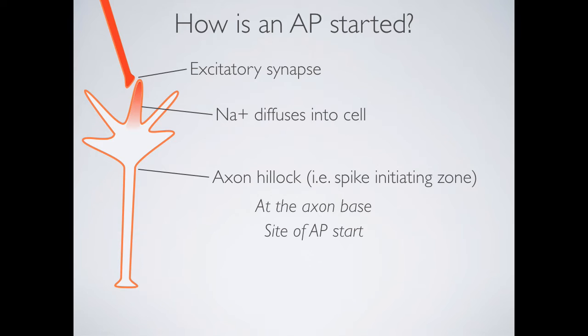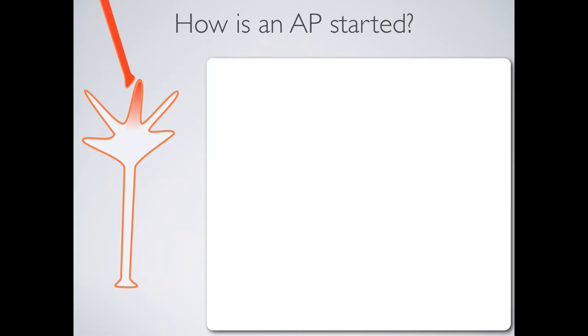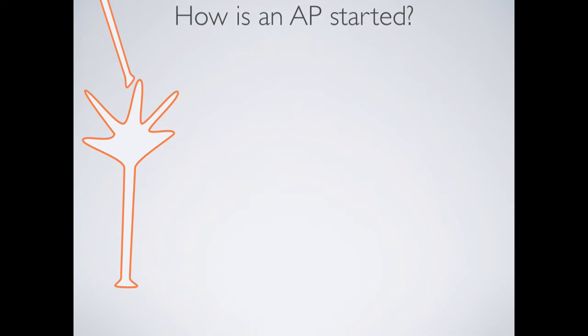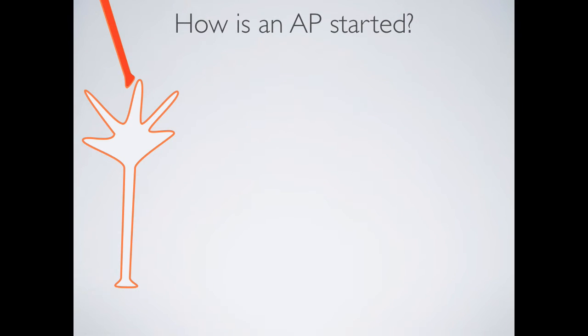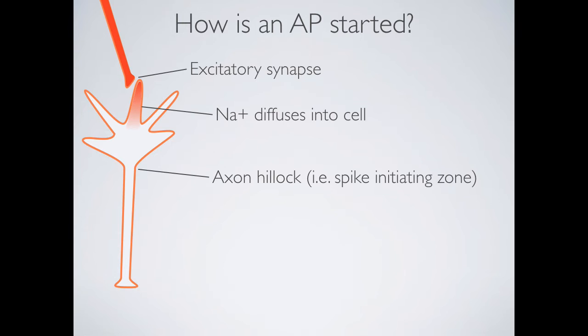So the spike initiating zone is really where the decision is made about whether or not an action potential is going to be generated by this cell. It's at the base of the axon, and it's the site where the action potential begins.